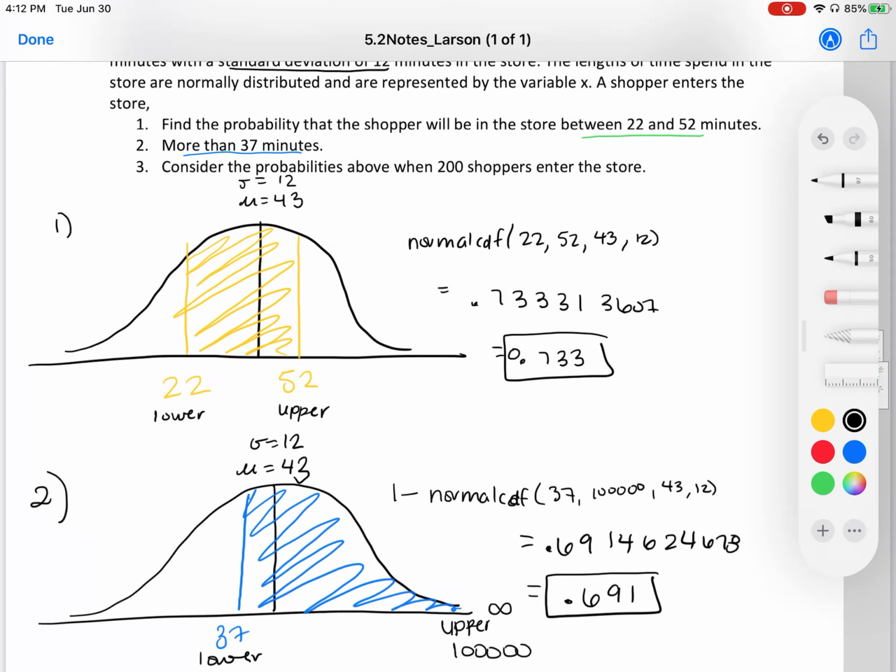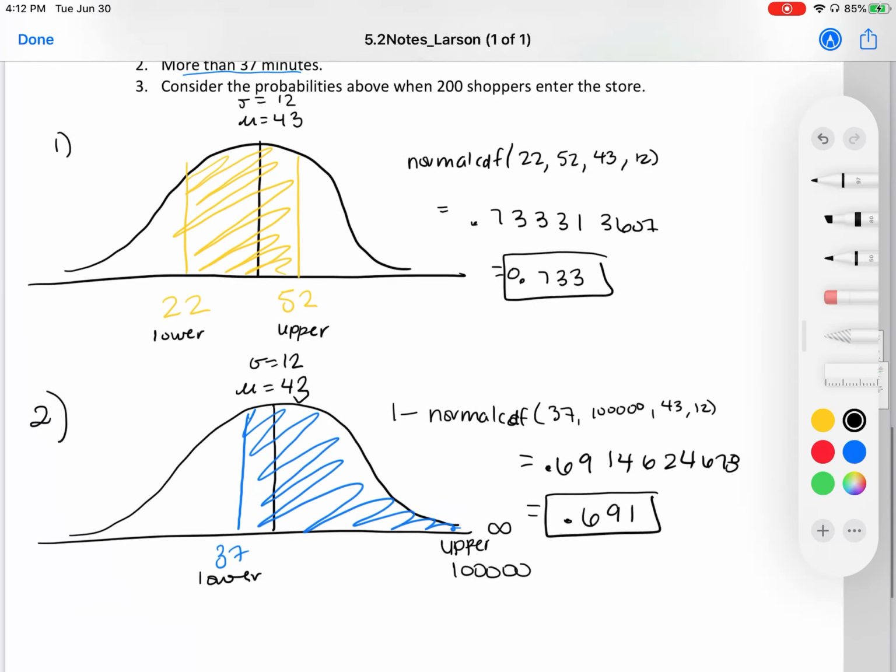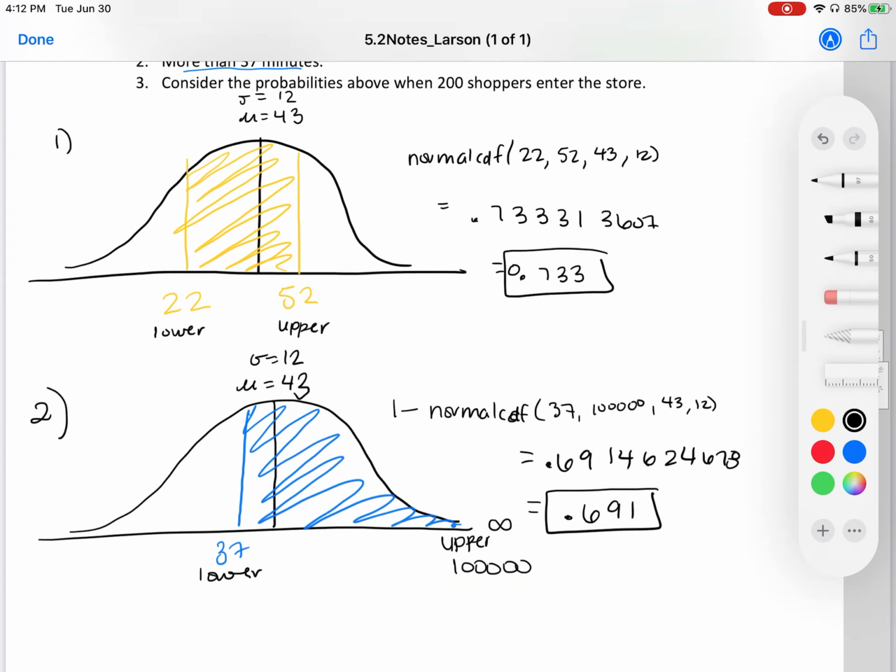Now 3, consider probabilities when we have 200 shoppers in the store. All right, so when we have 200 shoppers, all we have to do is go ahead and multiply our probability by 200. So 3. So if we read 1 for 3, what's the probability that 200 shoppers are between 22 and 52 minutes?